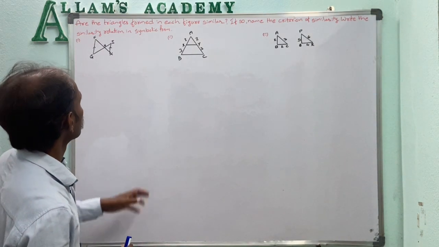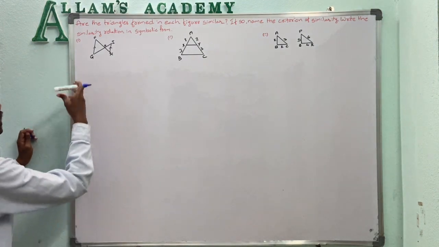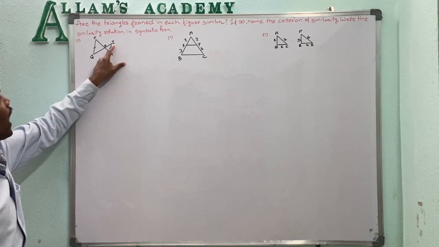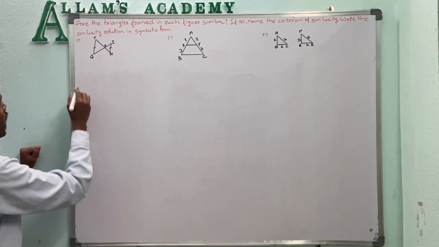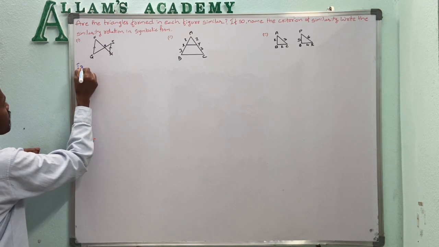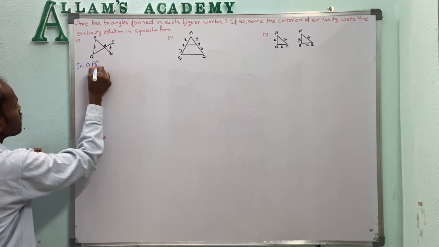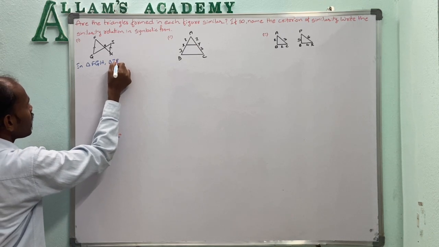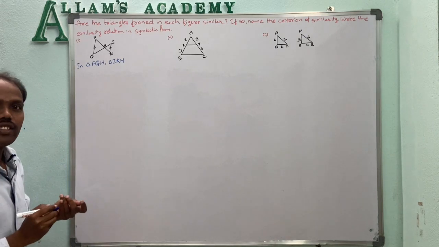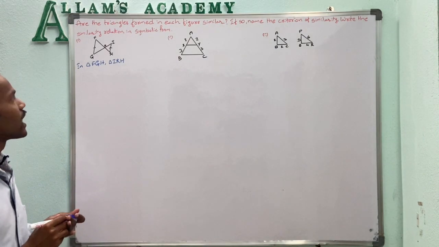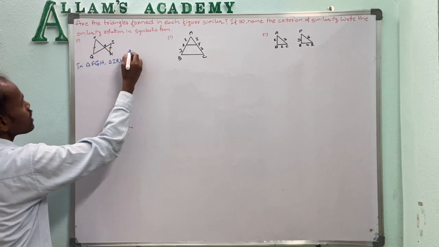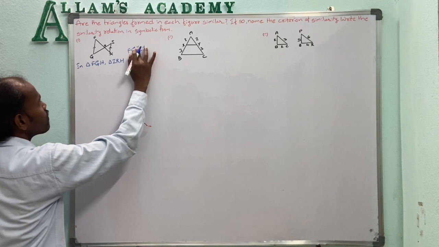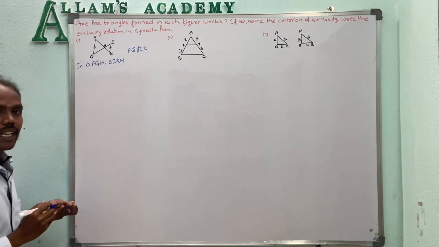Now if we observe, there are two triangles here, FGH and IKH. In triangles FGH and IKH, FG is parallel to IK, given.